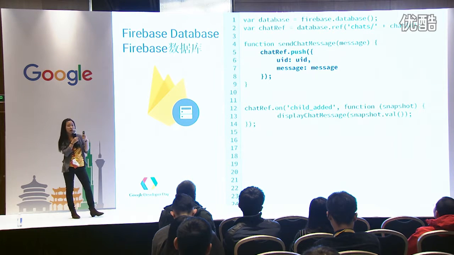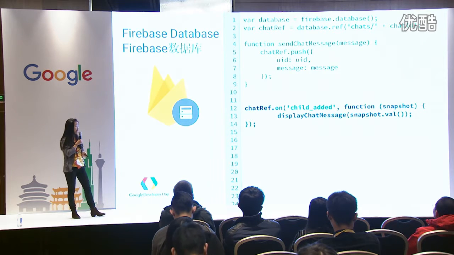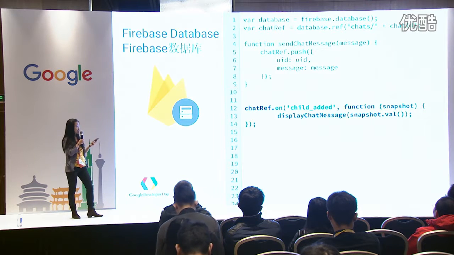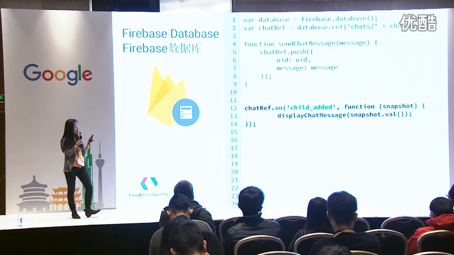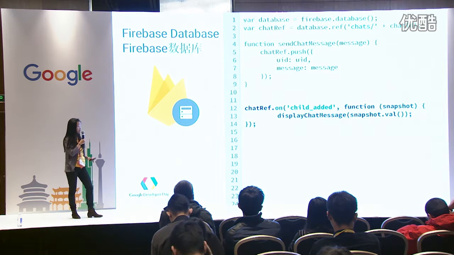Next, we want to make sure we know when someone has typed a message and then display that to the user. So lines 12 to 14 show us how we do that. On the same chat ref that we just wrote to, we add a listener called child added and give it a handler. Child added listens to the event where something new has been added to that list of chat messages.